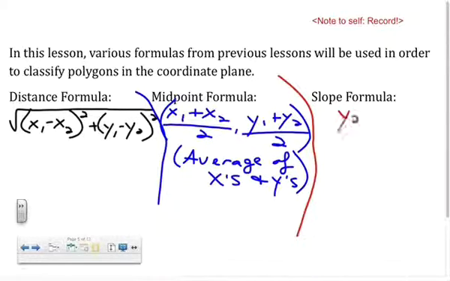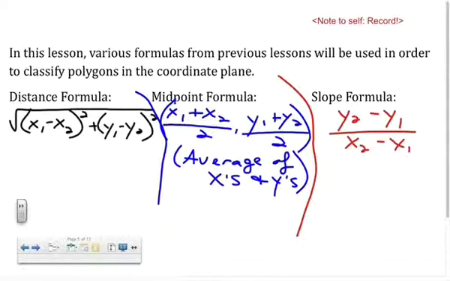Remember, that's y2 minus y1 over x2 minus x1. And what we're doing in this lesson is taking these formulas from a zillion years ago, way back in chapter 1, and we're applying them to the stuff that we've learned this chapter about parallelograms, rhombi, rectangles, squares, etc.